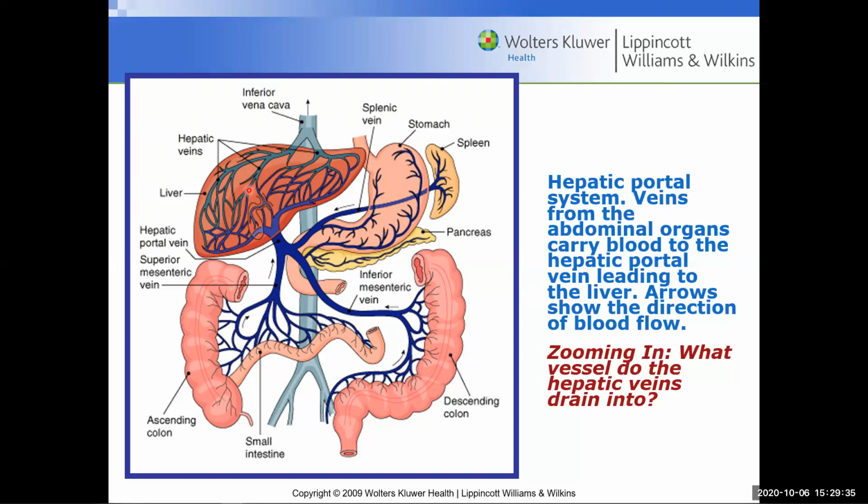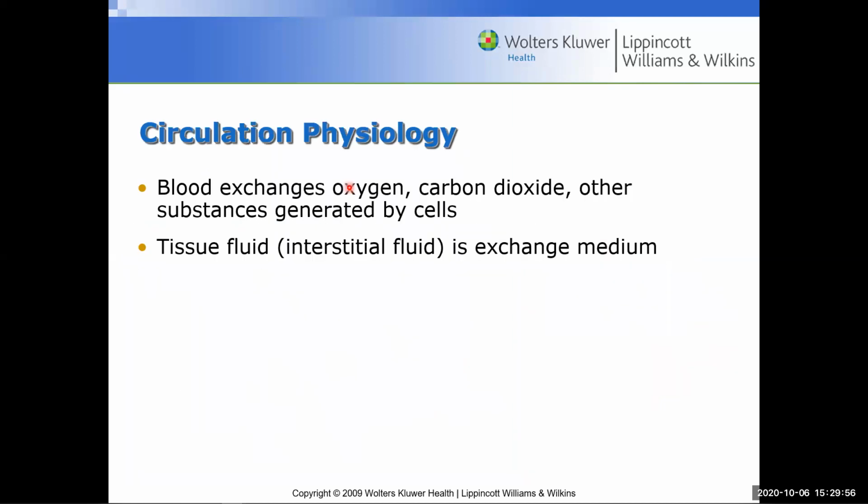It shunts it away from the liver, right? And it goes directly to the fetal circulation, bypassing the liver. We'll speak more to that a little bit when we are looking at reproduction. So very importantly, this hepatic portal system is in terms of cleaning up the blood before it returns to the heart to enter the systemic circulation.